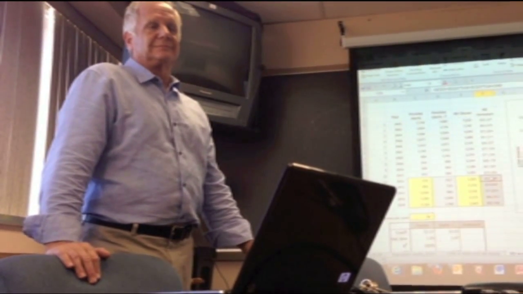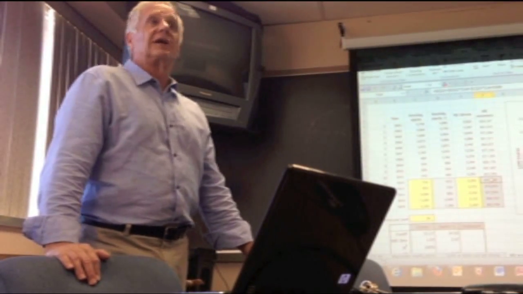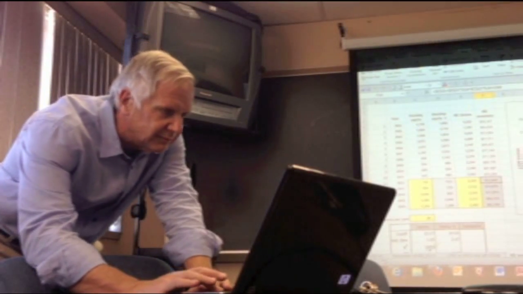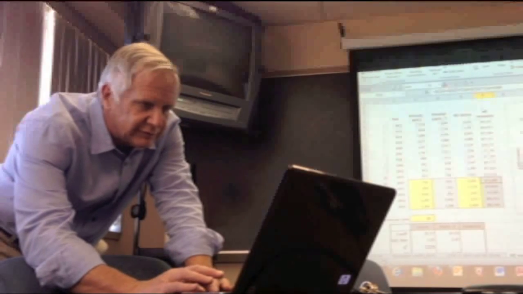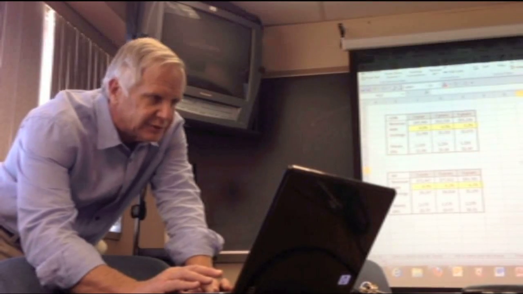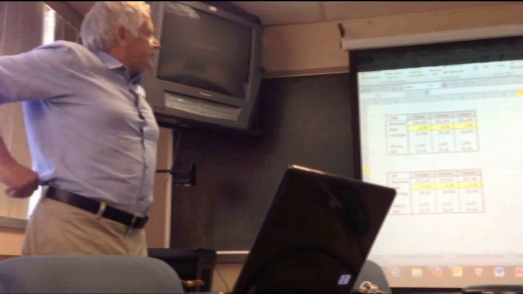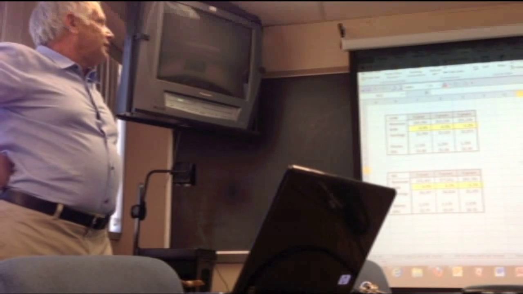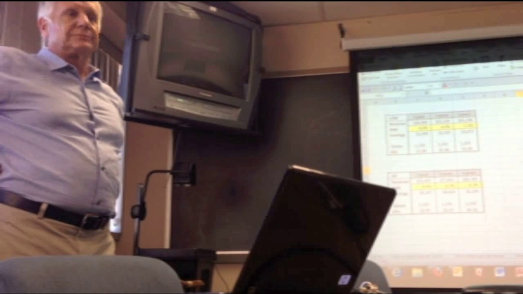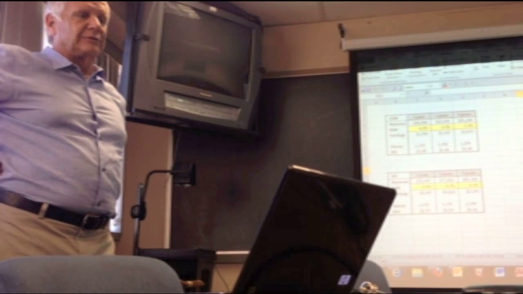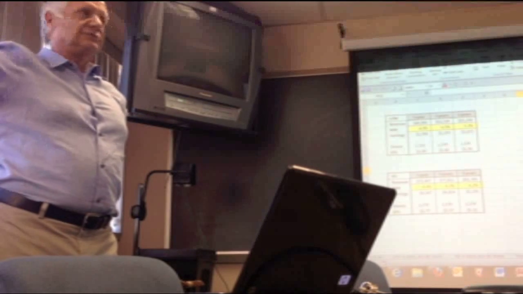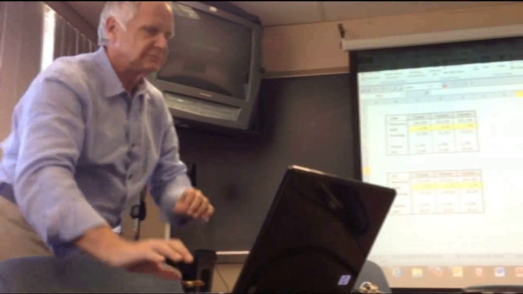Professor, can you briefly summarize the task for next week? The task for next week is to, and I'll give you a copy of this file. The problem for next week is to get that for Coles and Target. And when you get this file, you'll see that there are sheets past that particular sheet. Ignore them.